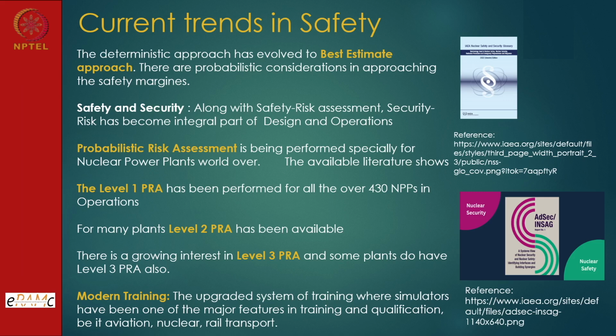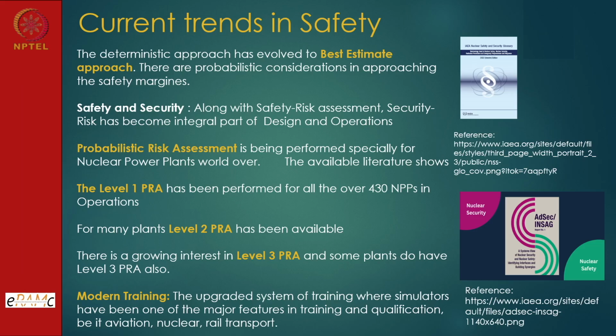Now we can see safety and security. Traditionally it was only safety that the plants were designed, modeled, and operated. Now we have security aspects. And then the third development is because data is available and it should be utilized, probabilistic risk assessment has been playing a role, and it has entered into the plant operation and regulation system.